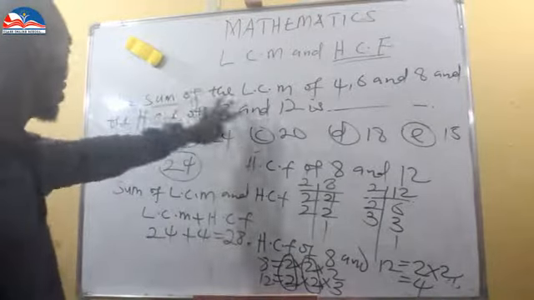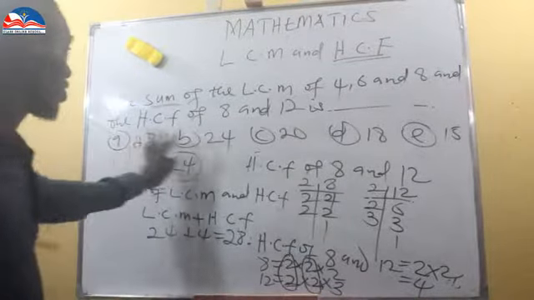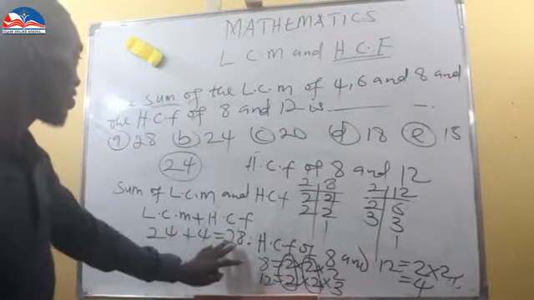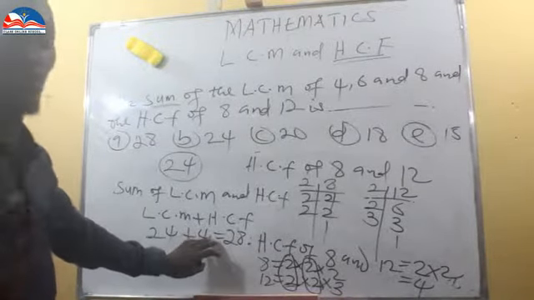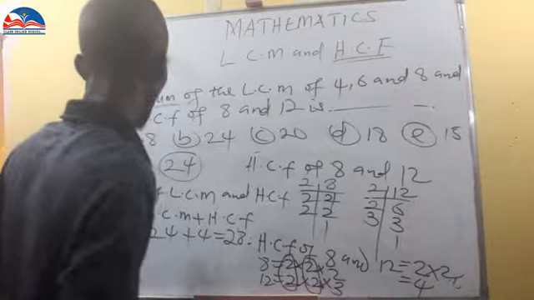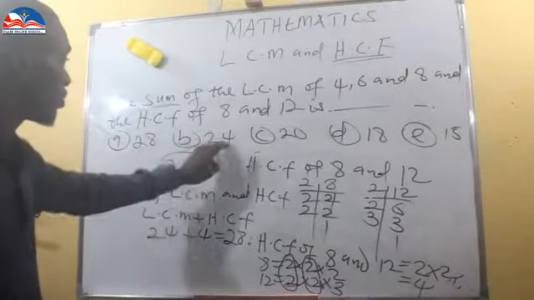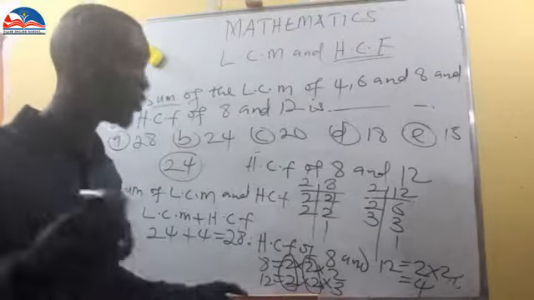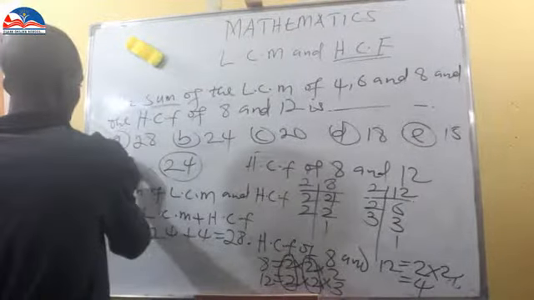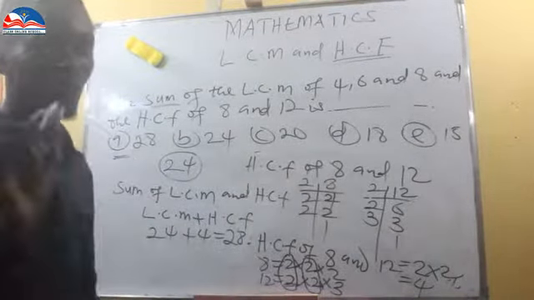Looking at this question with the options given, our answer is 28. Now you go and look for the option that corresponds to your answer. A is 28, B is 24, and C is 20. So our answer is 28, and this is A. You take A, which is 28.